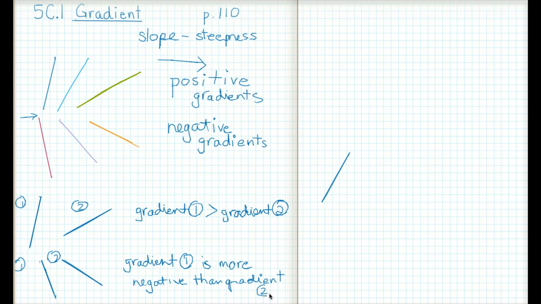In case the writing isn't clear, that says gradient 1 is more negative than gradient 2. How do we get that mathematically?